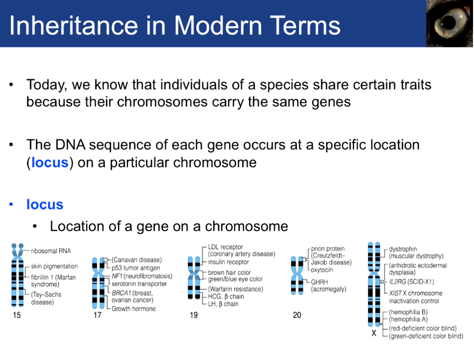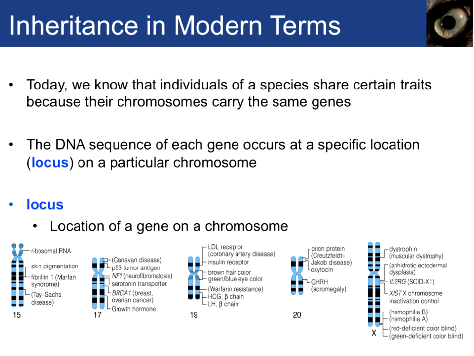So today we know that individuals of a species share certain traits because their chromosomes carry the same gene. The DNA sequence of each gene occurs at a specific location, or what's called a locus, on a particular chromosome.